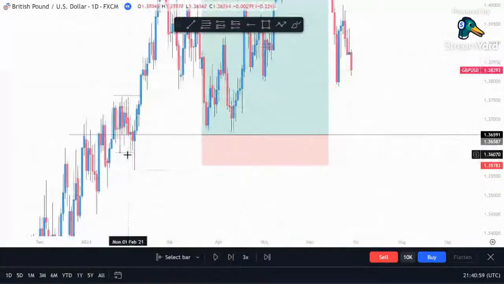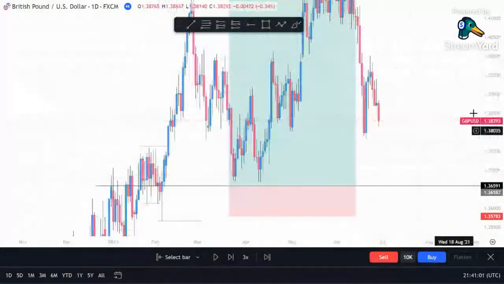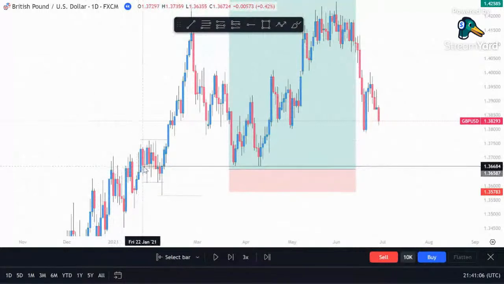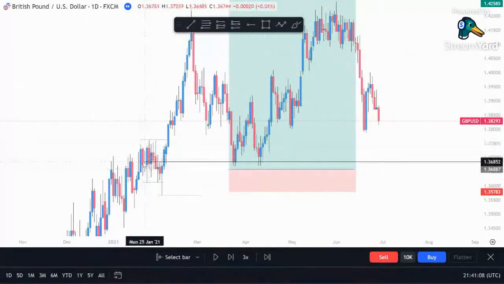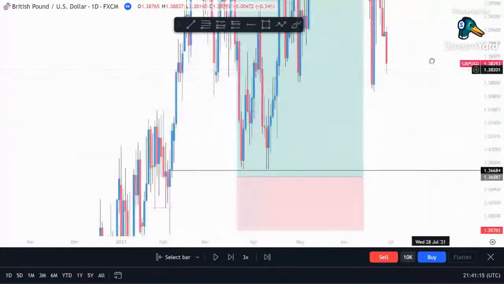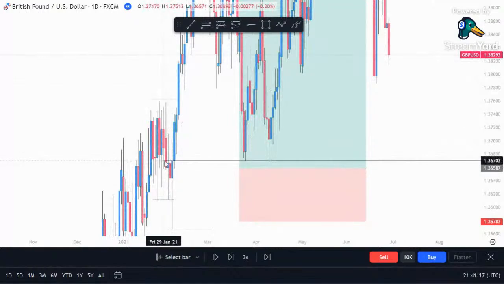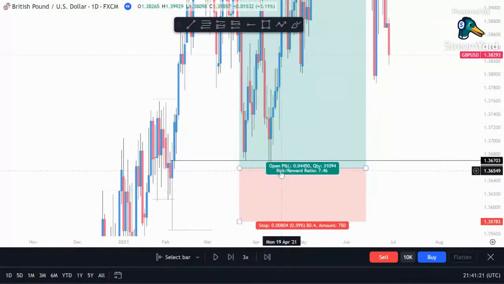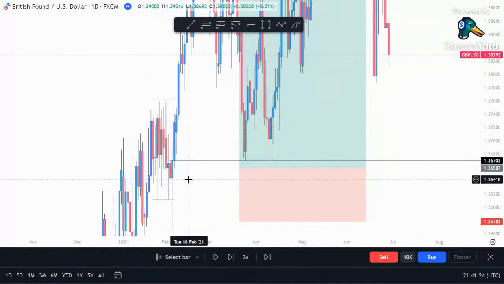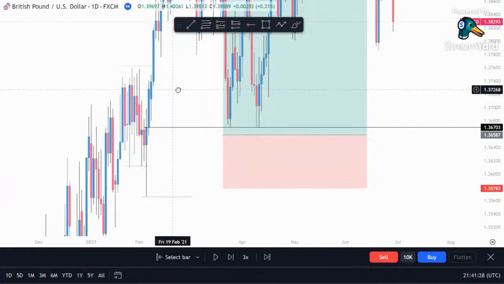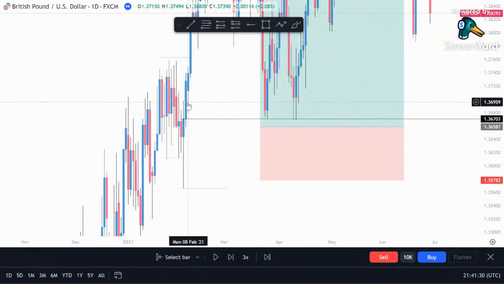I think an alternative may actually be the breaker block there, and then on a lower time frame, the whole of the breaker block is an entry zone. Even this open close level is an entry. Check if there's a fair value gap there; the high of the fair value gap is also an entry. But this fair value gap has no gap.